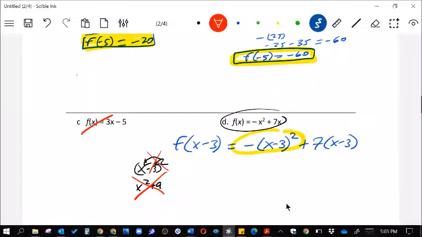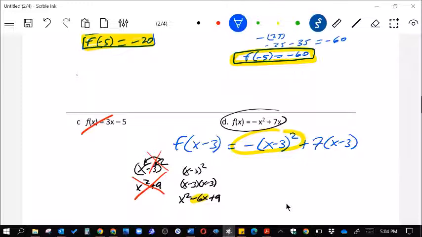Instead, remember that an exponent means doing the same thing twice. So x minus 3 squared means multiplying x minus 3 times x minus 3. Now, when you work that out, you get x squared minus 6x plus 9, and it's that middle term that gives away whether or not you squared correctly.